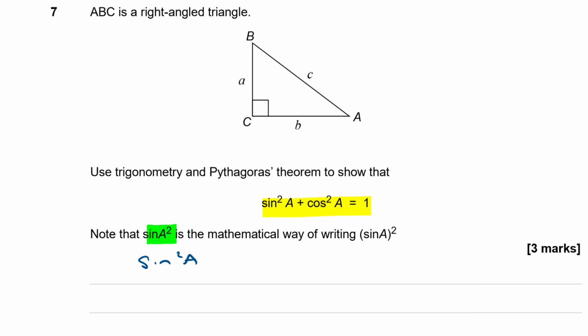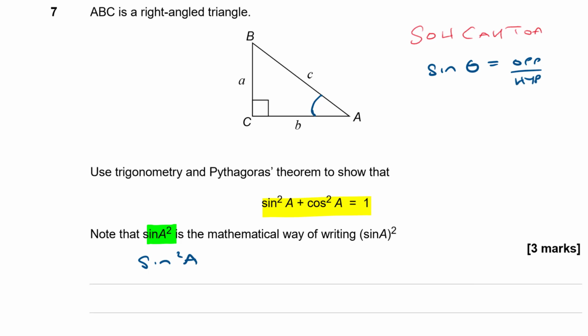Well, the angle A is down here, isn't it? There's my angle A. So, using SOHCAHTOA, let's work out expressions for sine A and cos A. So sine of my angle is equal to the opposite over the hypotenuse.